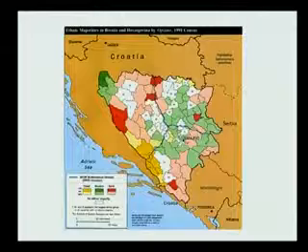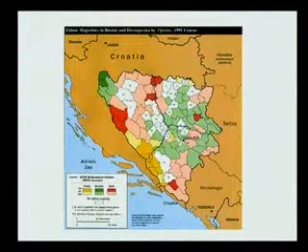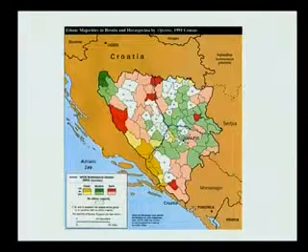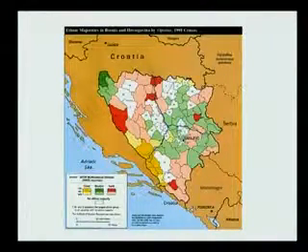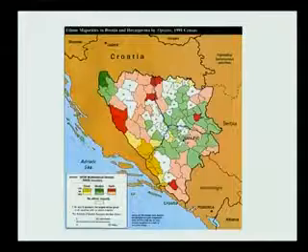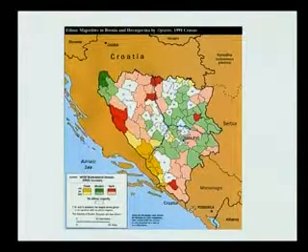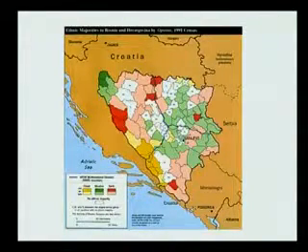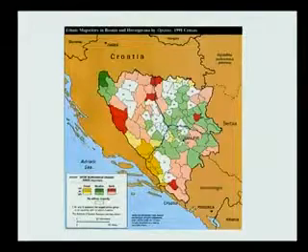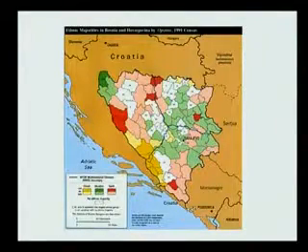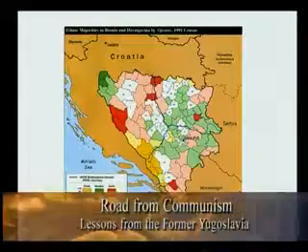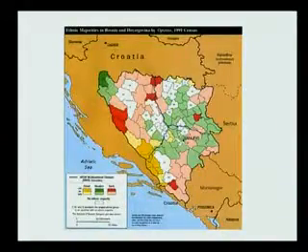This is significant because only about one third of the districts in Bosnia, and I believe there are 100 districts in Bosnia, only one third of them before the war had an ethnic majority. In other words, a majority of one ethnic group. All the others had no single clear majority. So there's a tremendous amount of intersettlement among the ethnic groups, and this is, of course, a very difficult problem.